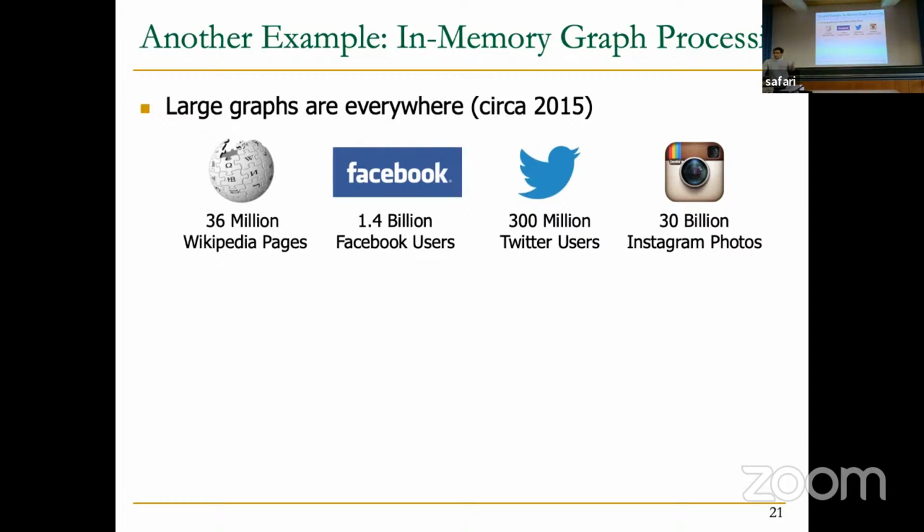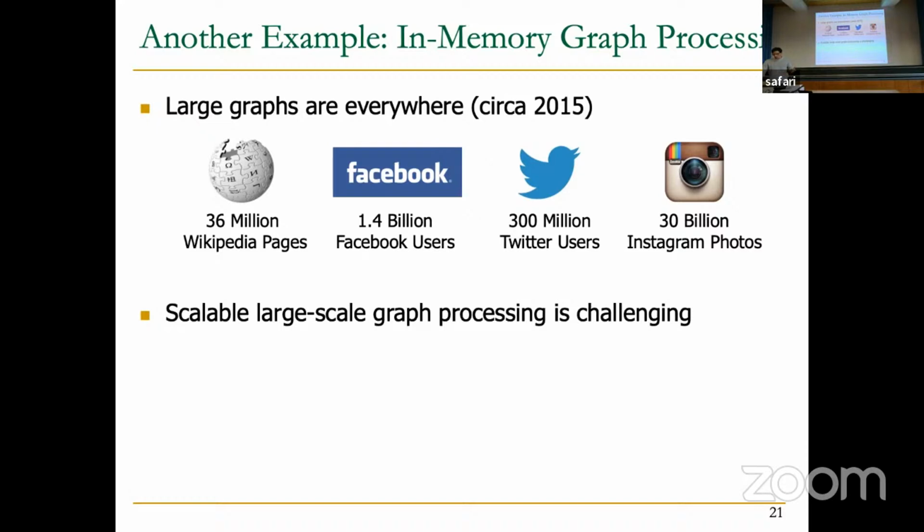This information is represented in terms of graphs because those graphs are important for certain analysis that these companies do, in order to know their users, for example how they are connected, and this data is growing more and more over time, right?